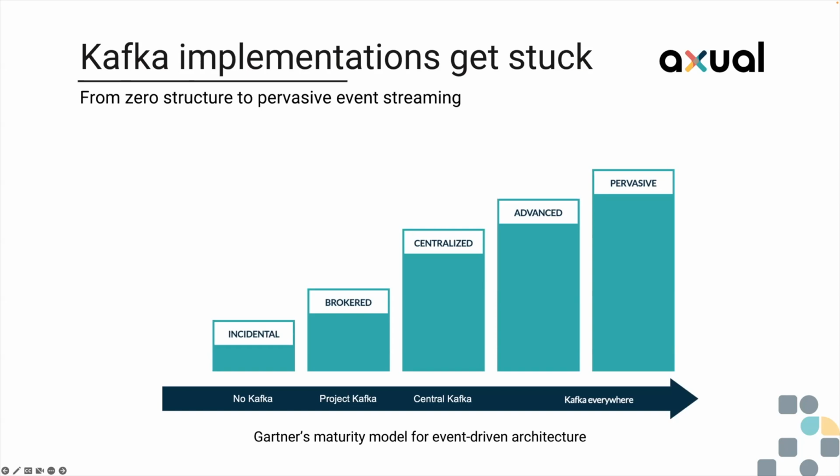This is often called a project level Kafka, where a team sets up a Kafka implementation and supports this for 2 or 3 teams around that particular team. That project level Kafka often does not have very good security. A few corners are cut, and there's often a team that maintains that particular Kafka installation.